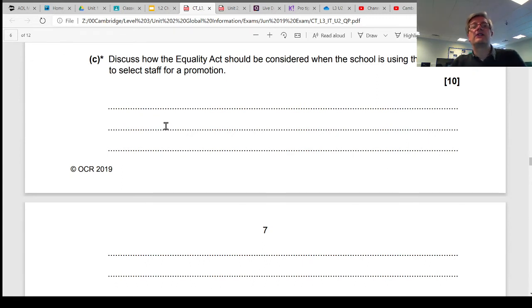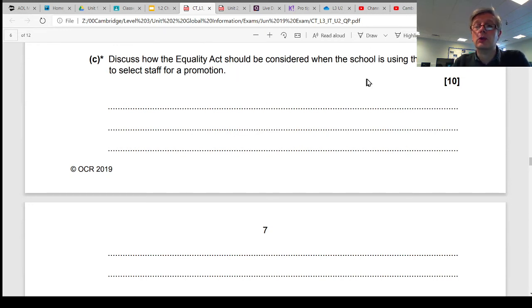So the question asks us, discuss how the Equality Act should be considered when a school is using records to select staff for promotion. So it's a 10-mark question, but we do have some clues as to what they're looking for. First of all, we're dealing with the Equality Act and the protected characteristics.